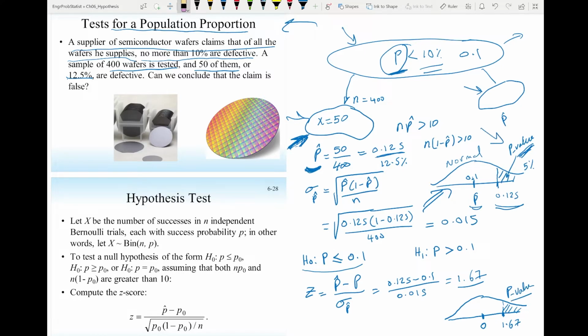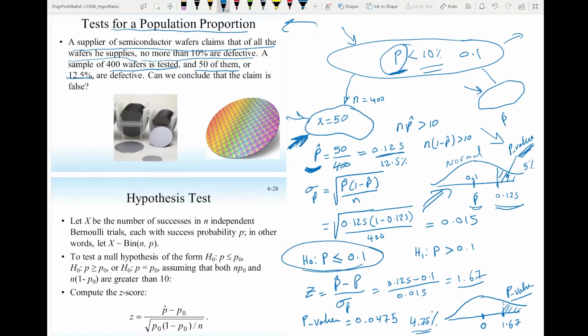If I use the table for the standard normal distribution, the p-value will be equal to 0.0475. So that is 4.75%. So there is strong evidence to reject the null hypothesis.